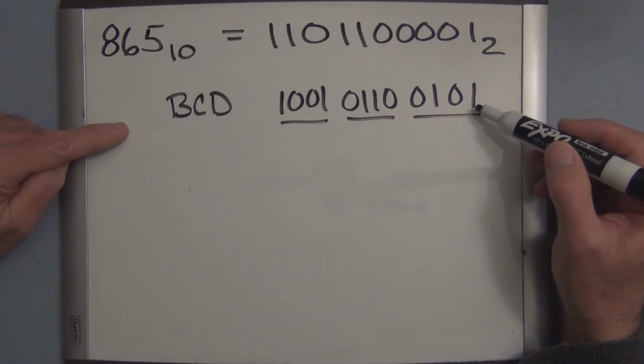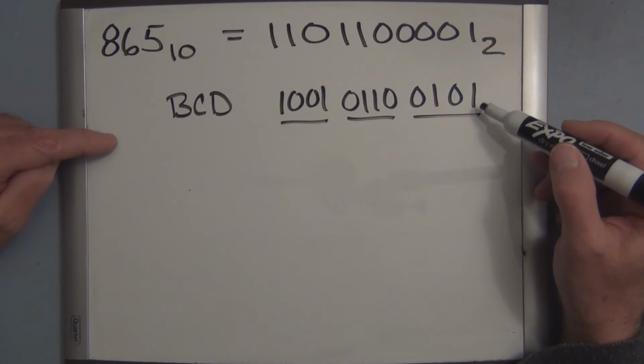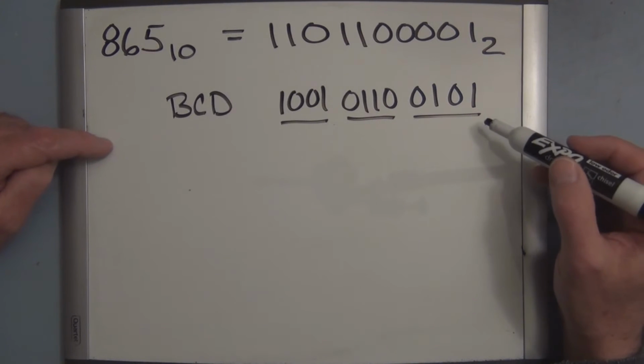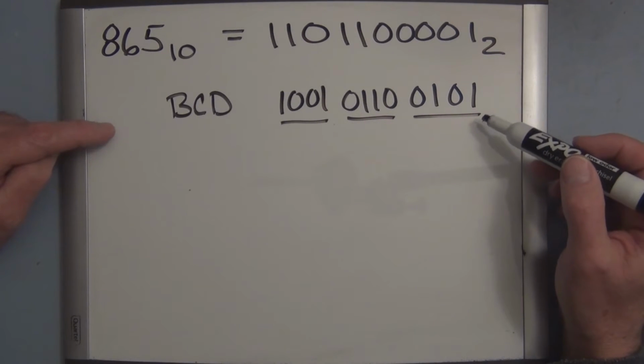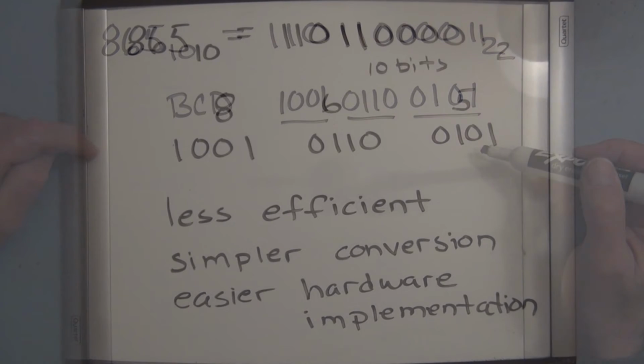That's because it's less efficient, because it does not use all of the 4-bit binary code groups that it can with a 4-bit number. So it's less efficient, but it's easier to convert, and it's also easier to implement hardware-wise.